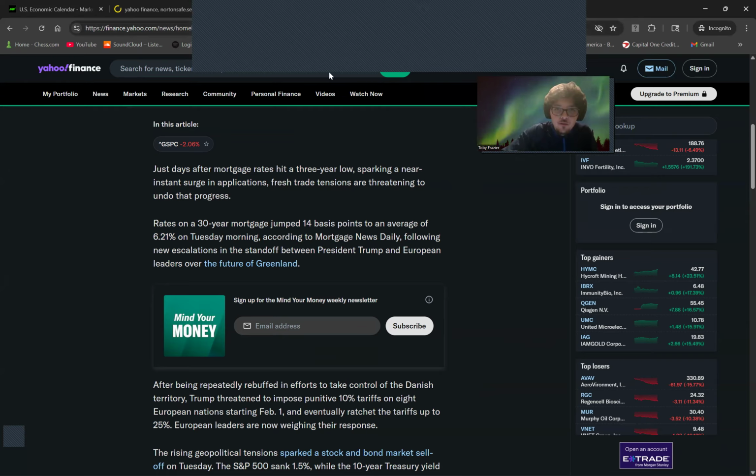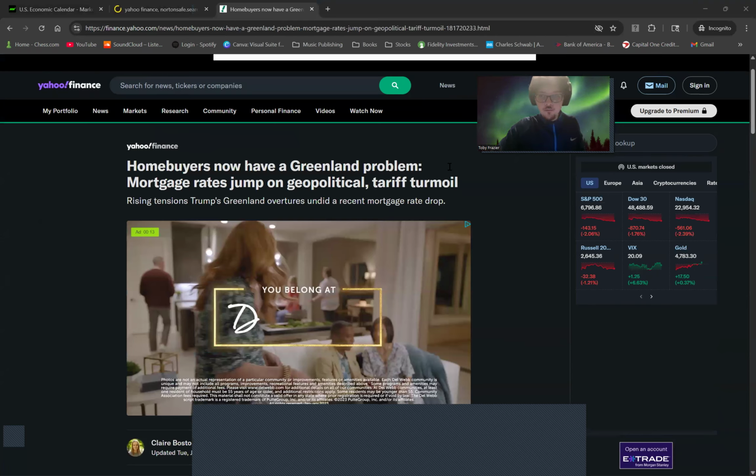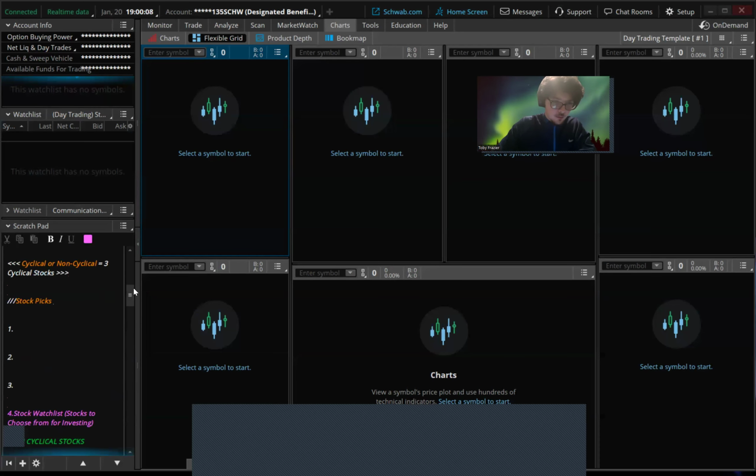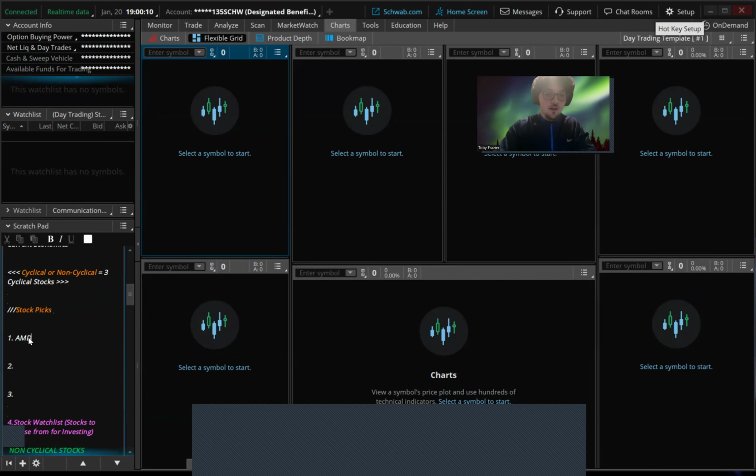All right. I'm gonna go with the stocks from yesterday. I was able to get a trade on Apple. So because of this recent tariff information, I'm gonna trade based off the tariff.